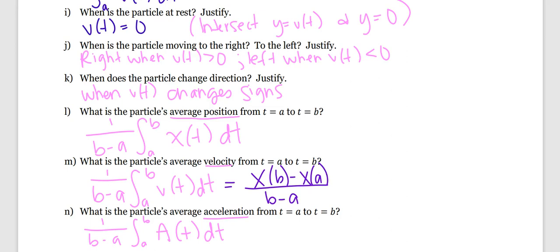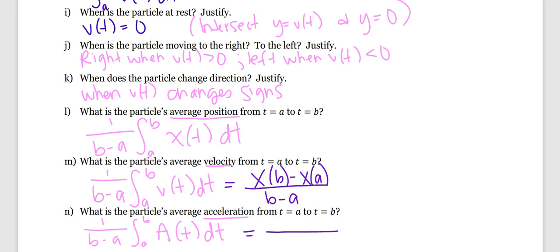That's the average rate of change formula for position, which makes sense because velocity is the rate of change of position. Okay, and think about your units here as well. If you have position in like meters and time in seconds, this would be meters over seconds, which is a velocity unit.